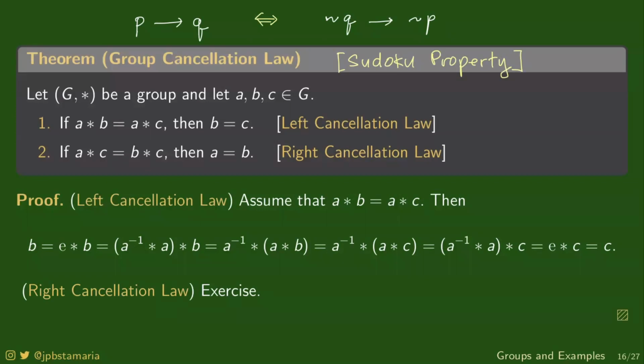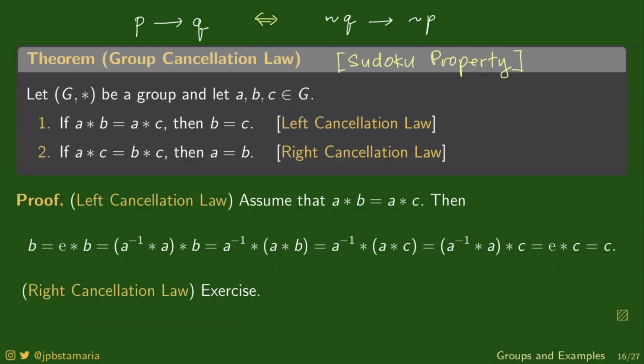But formally, it is known as the group cancellation law. Its formal name is group cancellation law, but you can call it the Sudoku property because in any row, in any column, no elements repeat. Did you understand? Can I move on to the next property? Okay.